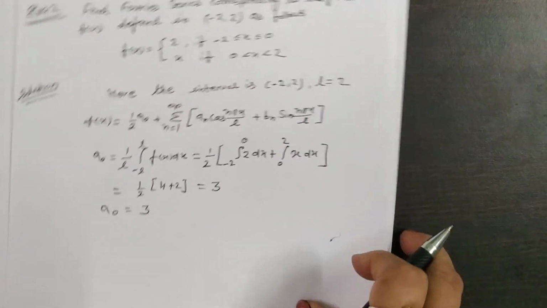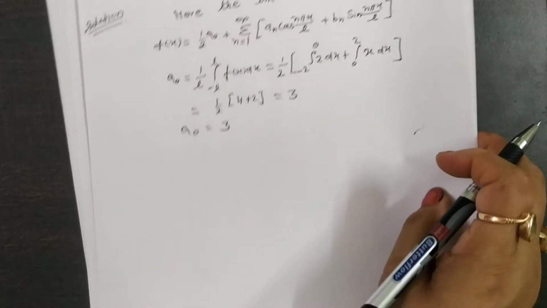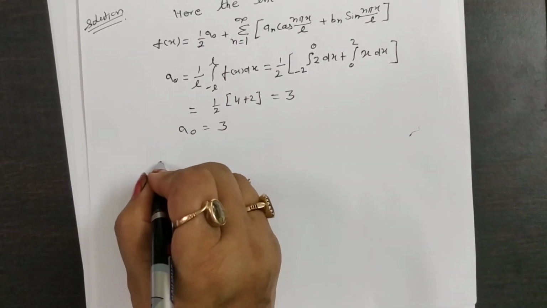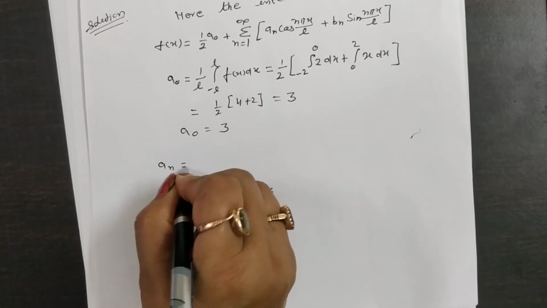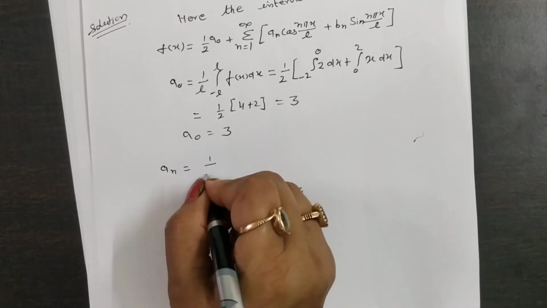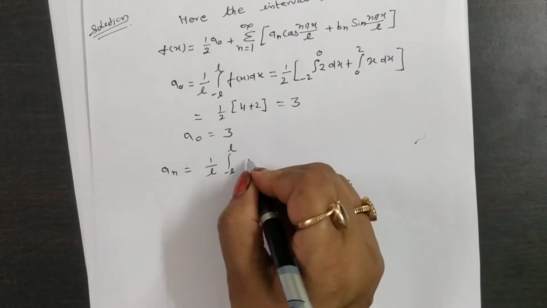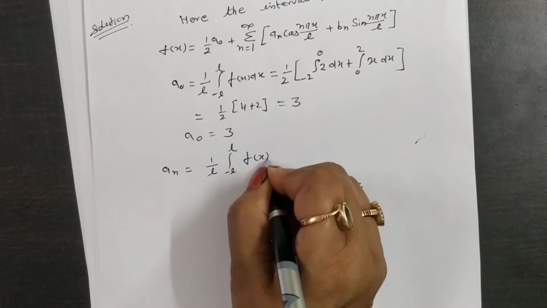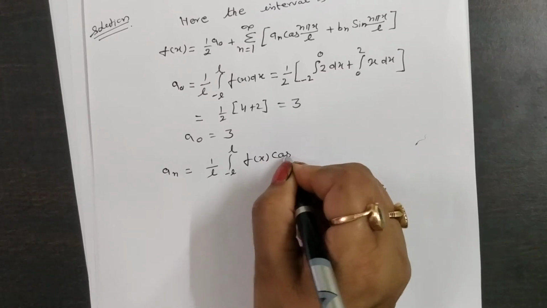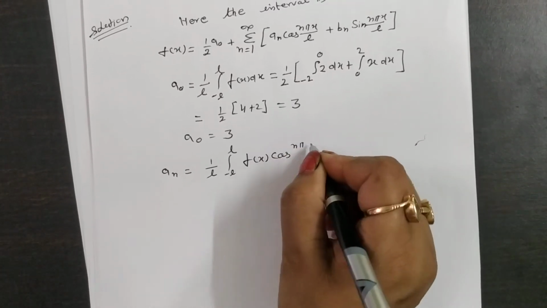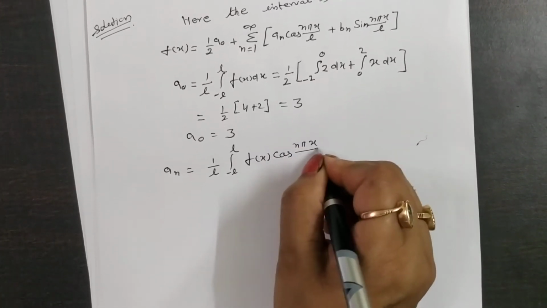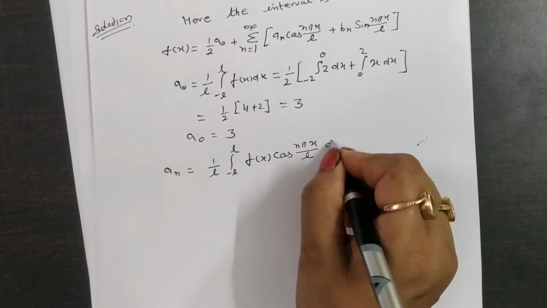Now similarly we find an. an is 1 by L times the integral from minus L to L of f of x cos n pi x by L dx.